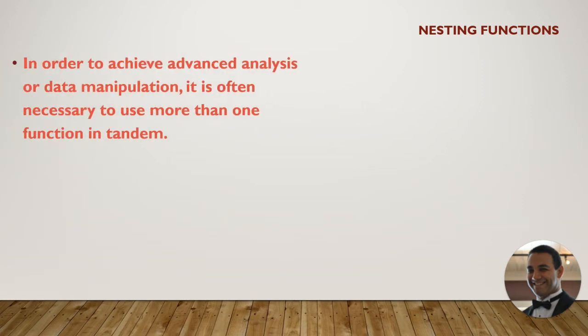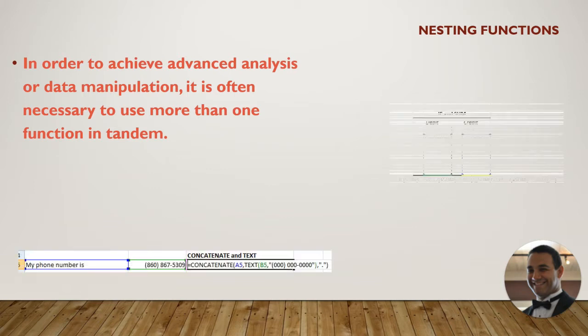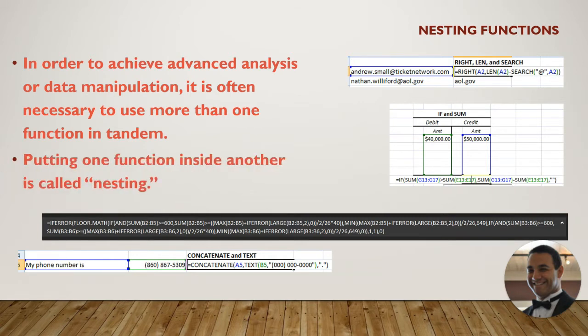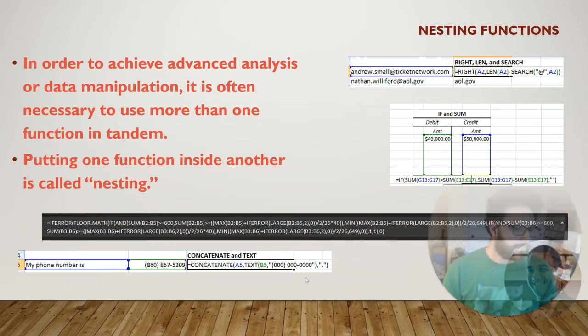In order to achieve advanced analysis or data manipulation, it's often necessary to use more than one function in tandem. This allows us to slice and dice our data in new and exciting ways that a single function can't do all on its own. Putting one function inside another function to increase and combine their functionality, that's called nesting. And that's what we're going to do today.